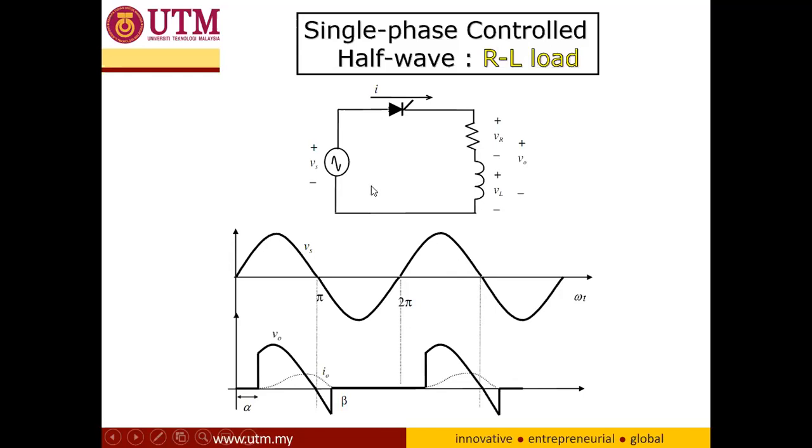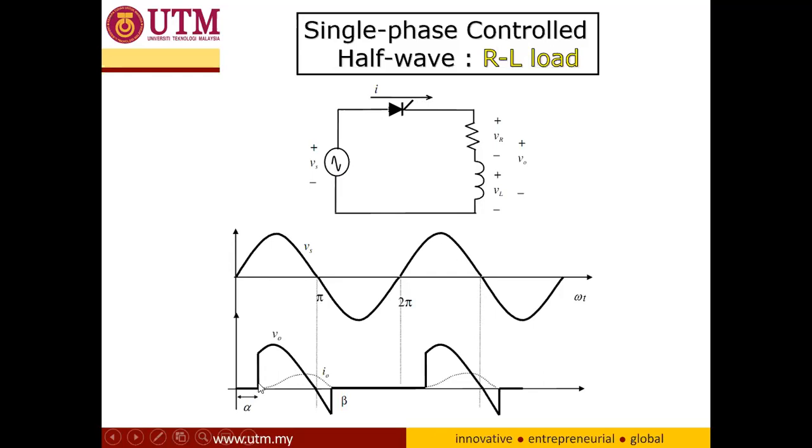Actually the principle is the same as the diode with the RL load. The only difference is that we have what we call the delay angle at the output. When the input voltage is in the positive cycle, the SCR is forward biased, but the triggering signal is not given, so it remains off and V out is equal to 0.